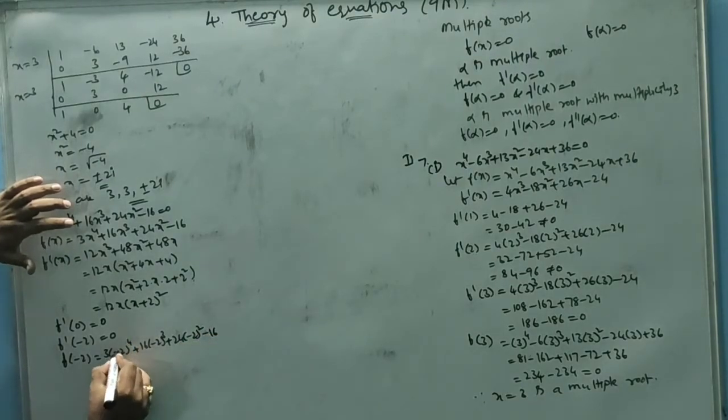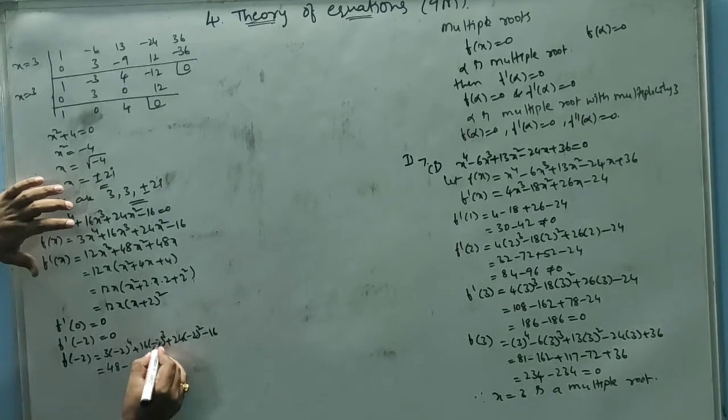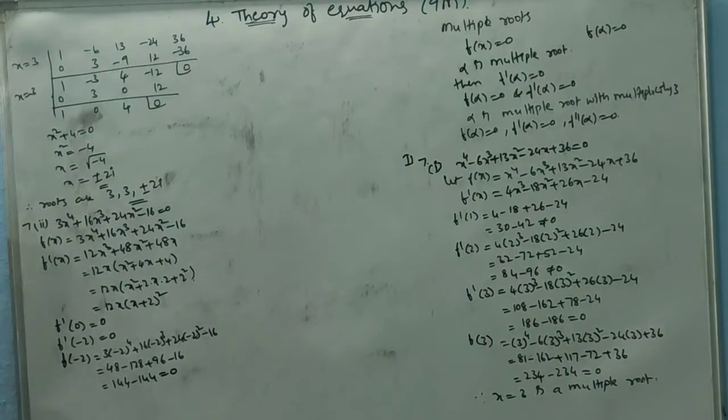Power 4 of negative 2 is positive 16, 16 into 3, 48. Minus 2 cube is minus 8, 16 into 8, 128. Minus 2 square is 4, 4 into 24, 96, minus 16. So 48 plus 96 equal to 144, minus 128 minus 16, minus 144 equal to 0. So therefore x equal to minus 2 is a multiple root.